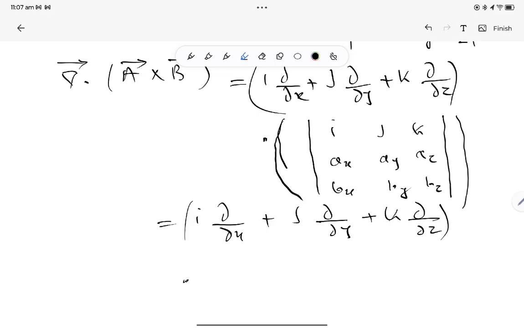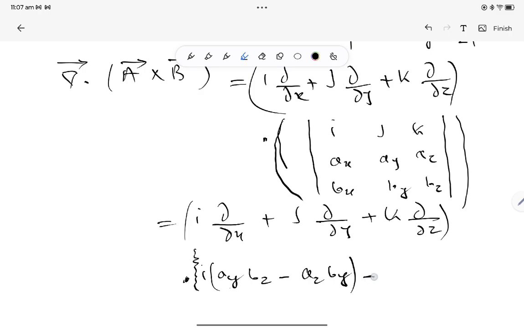Now we have here i, first term of the cross product, i (Ay Bz minus Az By).